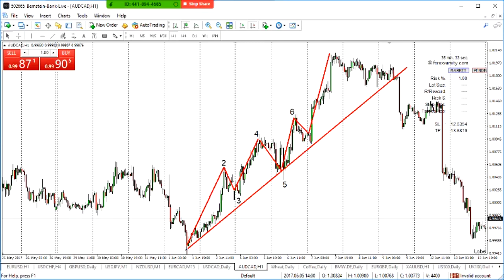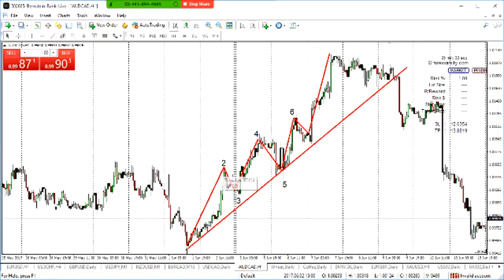This means the bulls were in charge, but in your retracements, which were against your trend, the bears were winning. Point 2 to 3, the bears were winning. Point 4 to 5, the bears were winning. Point 6 to 7, the bears were winning.